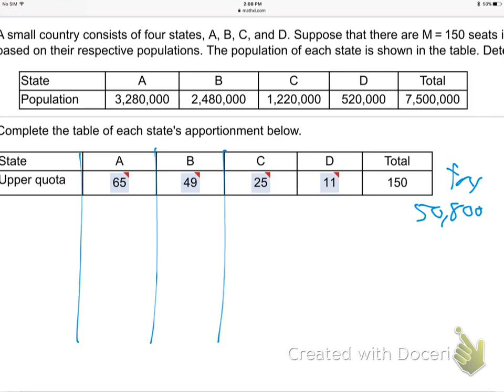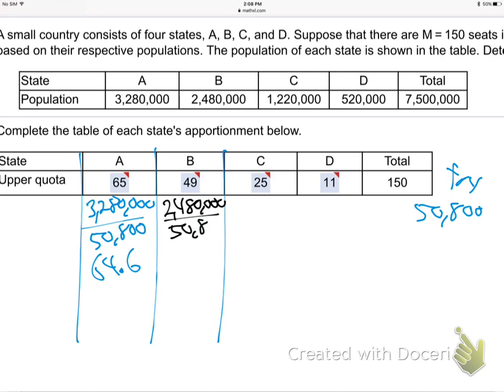Let's see. So, okay. 3,280,000 divided by 50,800. So what's that? I'm getting 64.6. Next one is 2,480,000 divided by 50,800.